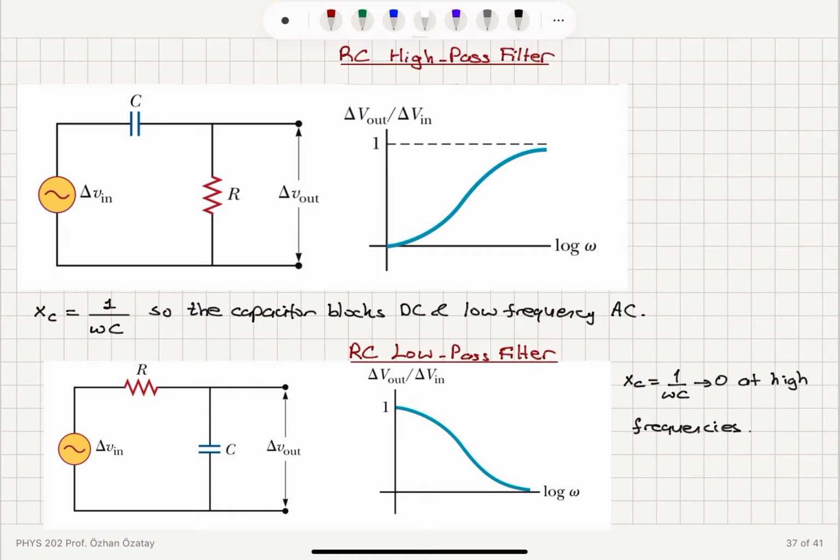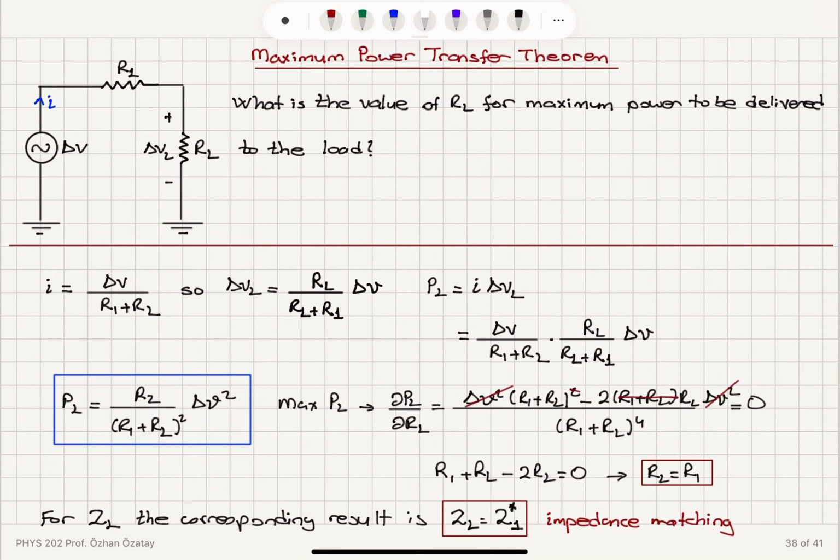So at low frequencies this will be approaching 1, at high frequencies this will approach 0, as the capacitor becomes a short, and delta V out will approach 0. So we have the opposite characteristic. And since the low frequencies are passed to the output, we have a low pass filter. Okay, so we can use these filter circuits, for example, to get rid of effects like ripples.